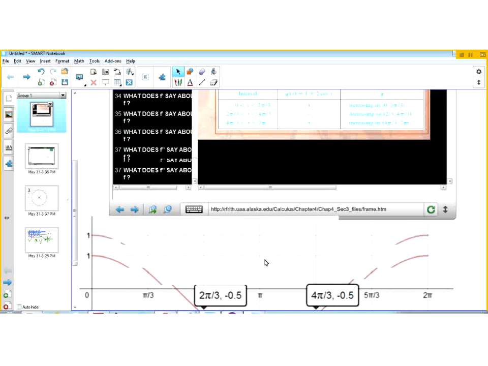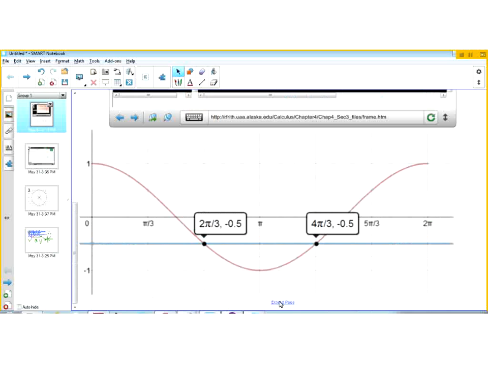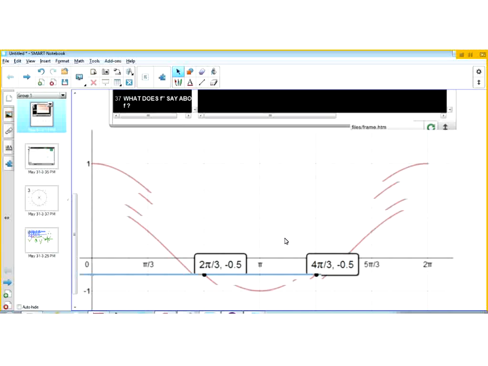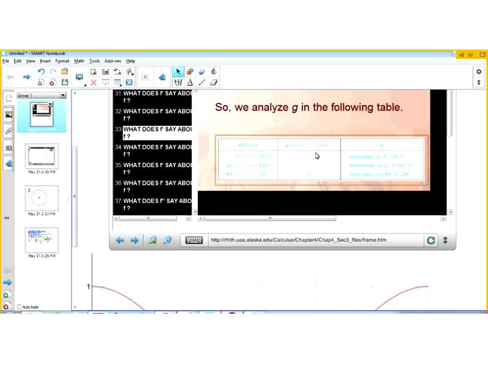So this only established the fact where cosine x is equal to half. So actually we need to look at the graph of 1 plus 2 cosine of x. We can just use this table.